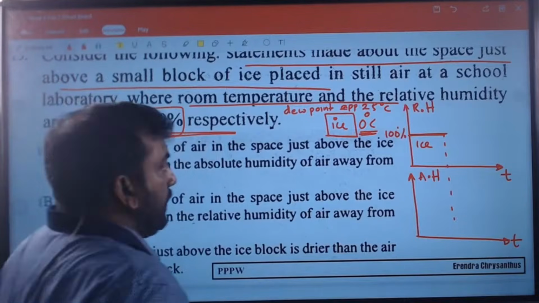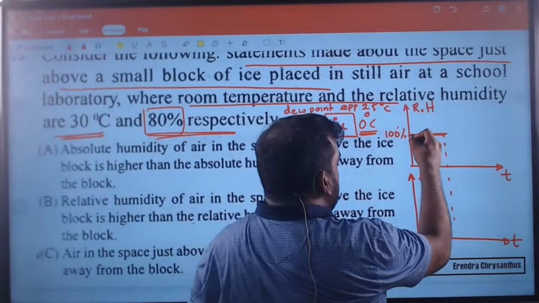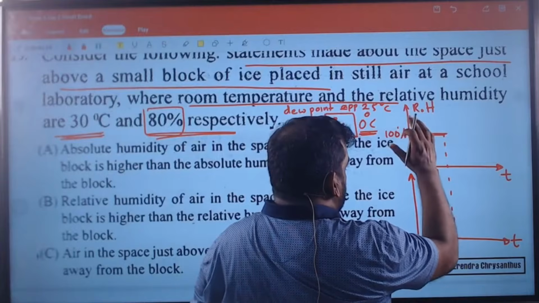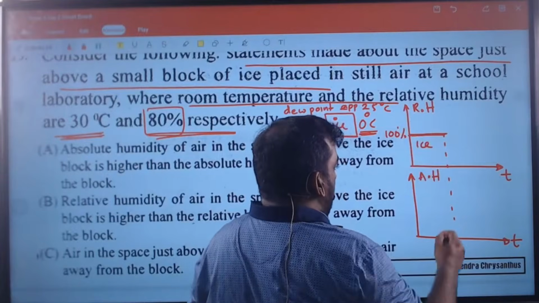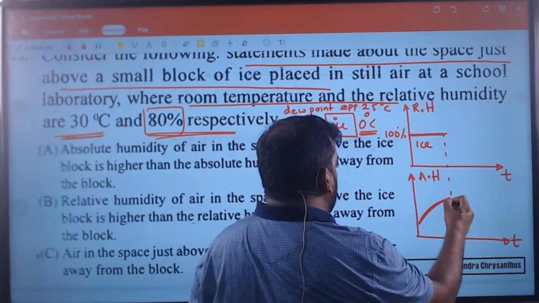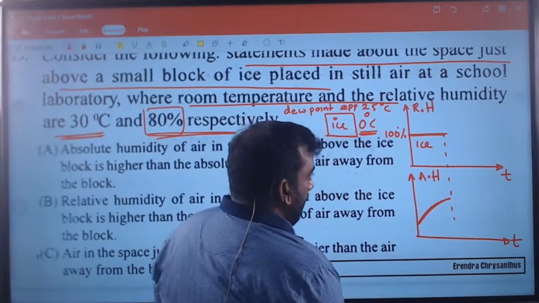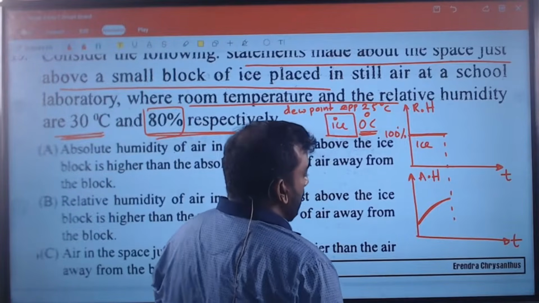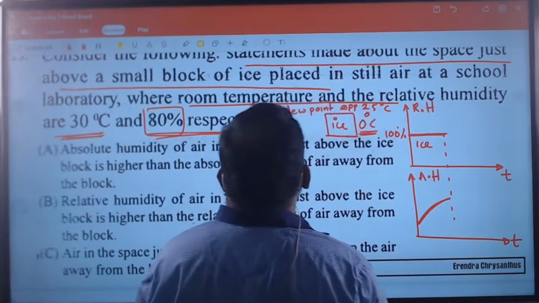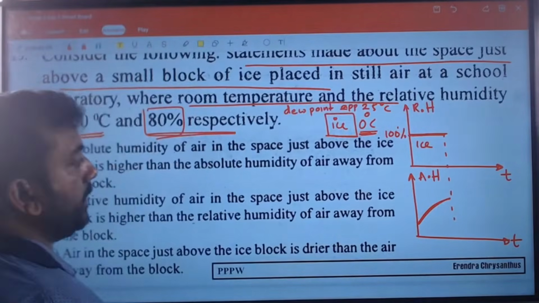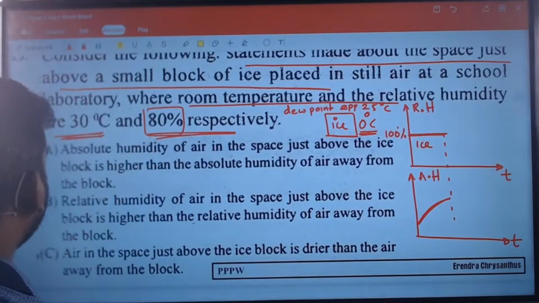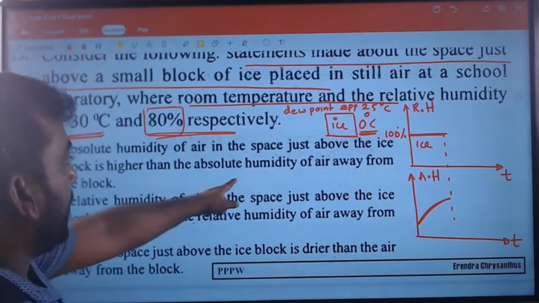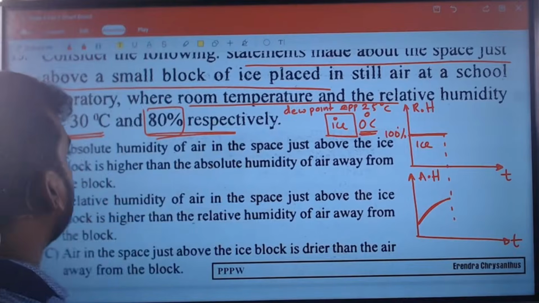Right? So condensation takes place. RH is going to be maximum, which means AH will reduce. Absolute humidity will reduce. Okay? Remember the curve, right? Relative humidity. So absolute humidity near the ice block will keep reducing.